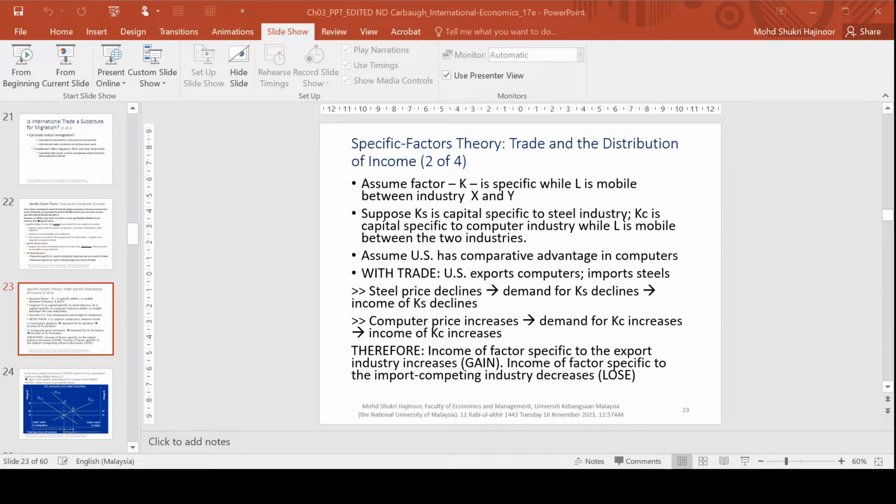Very specific, a lot of meat here. And not only that, with the magnification effect, factor prices increase more than the product prices.